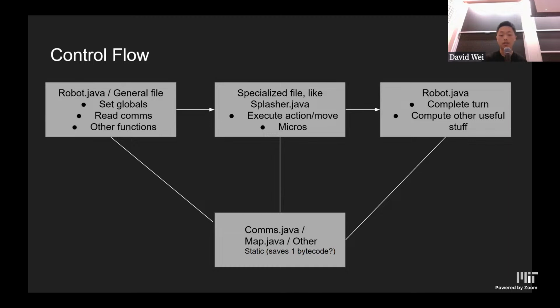Then we go back to Robot.java, where we complete the turn and do whatever other useful things we need to do. There are also other static classes or files like Comms.java and Map.java that are also useful. These are static because we don't instantiate any instances of them, and they are also part of the control flow.